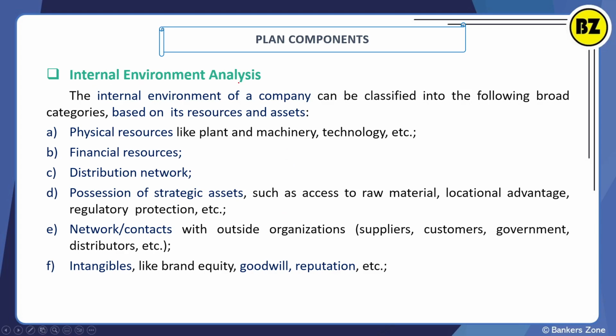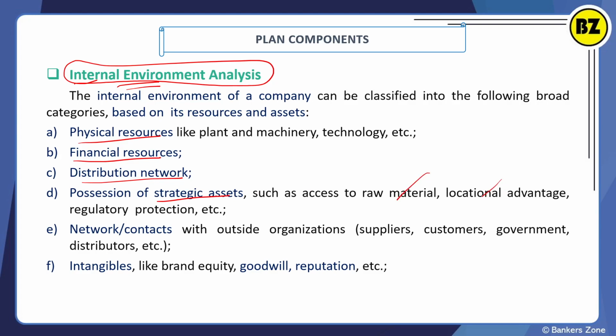If there is a question, you have to understand based on what and how you are doing the internal environmental analysis. So what are the major key points you should consider while doing it? For example, physical resources, financial resources, the distribution network the company has, and different strategic assets, such as raw material, location of the company or regulatory protection.